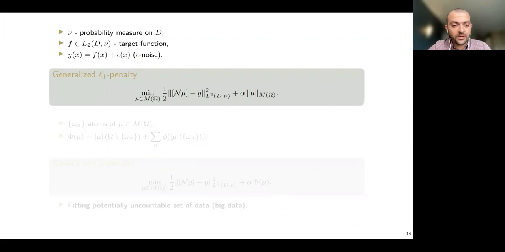The generalized L1 penalty problem is going to be: minimize over mu in M(Omega) one half the L2 norm squared of the integral neural network minus y, our data, plus alpha times the TV norm of the measure mu.